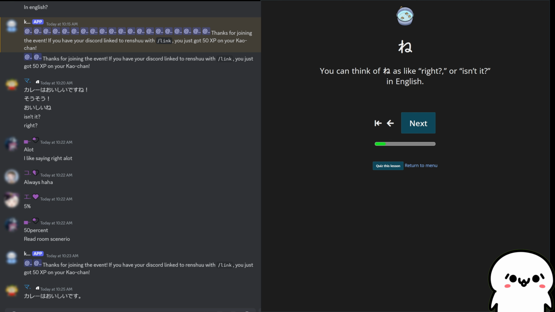You just don't want it to always be translated like that, or always be translated as "isn't it?" Because in the end, ne can't be truly translated in a way that accurately represents how we use the language in Japanese and how we use it in English, both in terms of casualness, frequency, age levels, politeness, all that stuff.